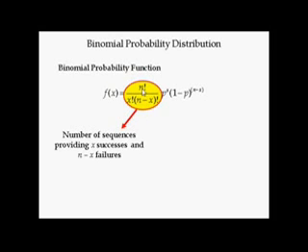Because 5 factorial divided by the product of 1 factorial and 5 minus 1, or 4 factorial, equals 5, there are 5 ways to order 1 success. The 5 sequences are success, then 4 failures; a failure, success, and then 3 failures; 2 failures, a success, 2 failures; 3 failures, a success, and 1 failure; 4 failures, and 1 success.